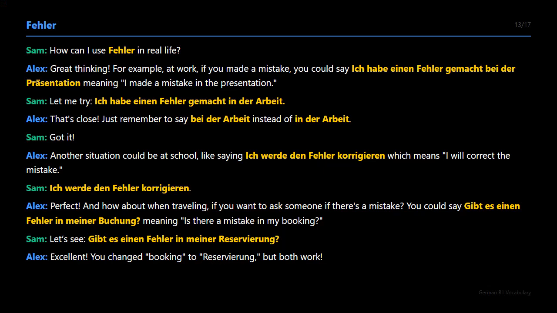You could say, Gibt es einen Fehler in meiner Buchung? meaning, is there a mistake in my booking? Let's see. Gibt es einen Fehler in meiner Reservierung? Excellent. You changed booking to Reservierung, but both work.